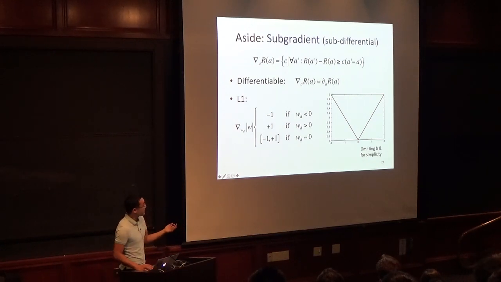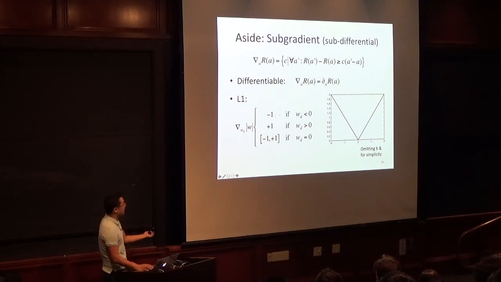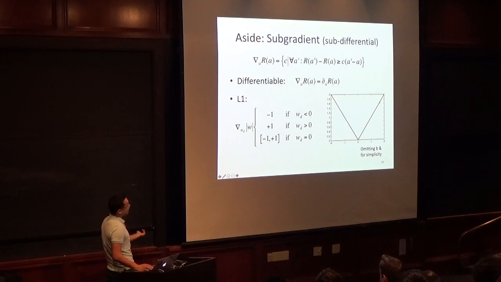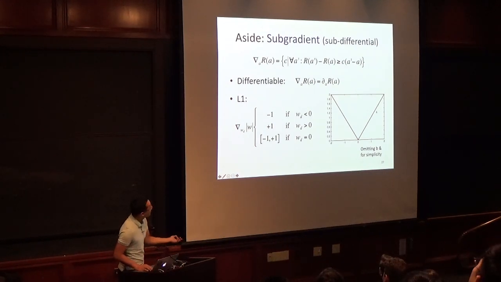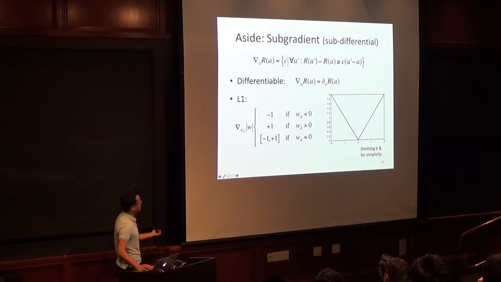So in the case of the L1 regularization penalty, if the component w_d is less than 0, so it's on this slope, then this is a differentiable function. It's linear, and the subgradient is exactly the gradient, which is just -1. If it's on the positive part, again it's linear and differentiable, so the subgradient is exactly the gradient. It's +1.